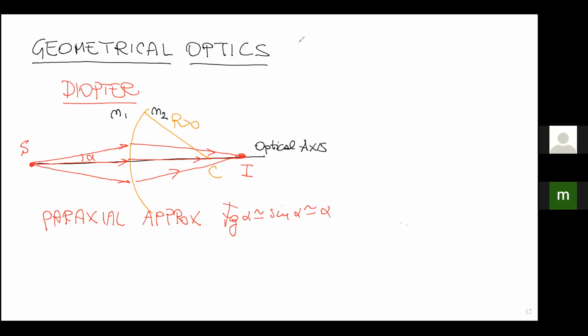So in this paraxial approximation for the diopter, we have an equation that is governing the behavior of the diopter.